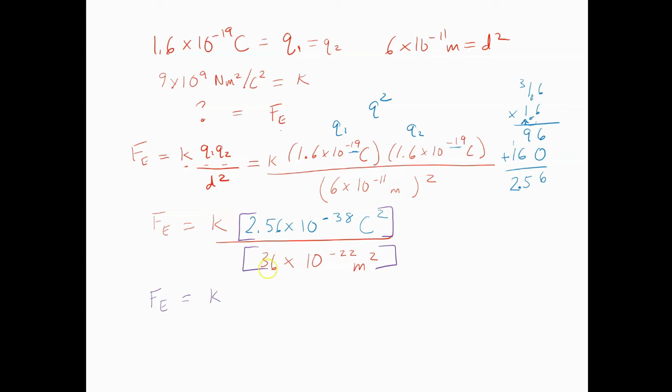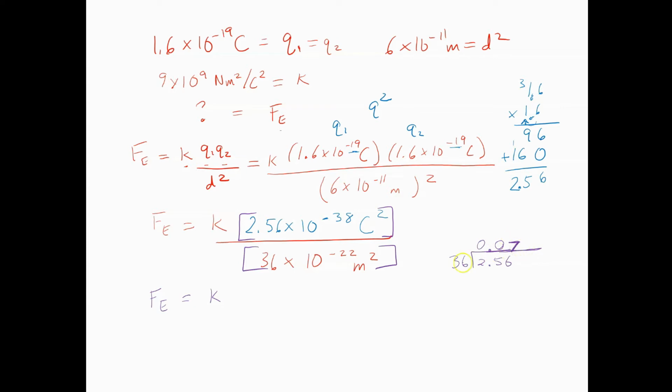So now what I need to do is take 36 into 2.56. All right, 36 will not go wholly into 2, so 0, decimal. 36 doesn't go wholly into the 25, so I put a 0. 36 will go into 256, and that is about 7 times.